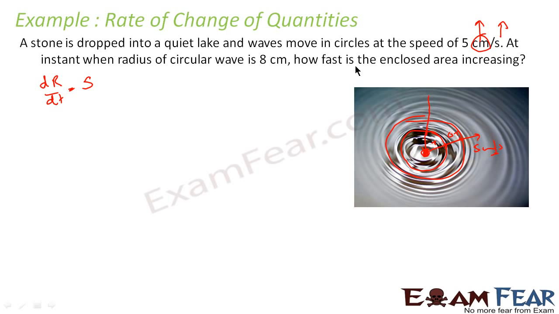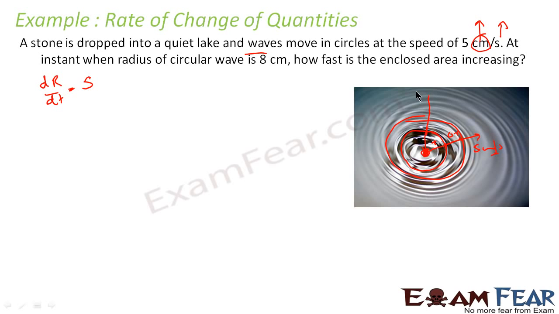Correct? The question says that the speed of the wave that moves in circle is 5 centimeter per second, and that is nothing but dr by dt. That is change of radius with respect to time, because the wave moves in this direction and the radius also increases in this direction. That is the critical part here to understand. If you understand this part, the question is simple.